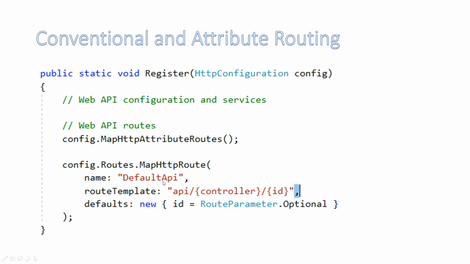The default API route is added to the route table using the MapHttpRoute extension method, right? Likewise we can create multiple routes. We'll see that in a moment.